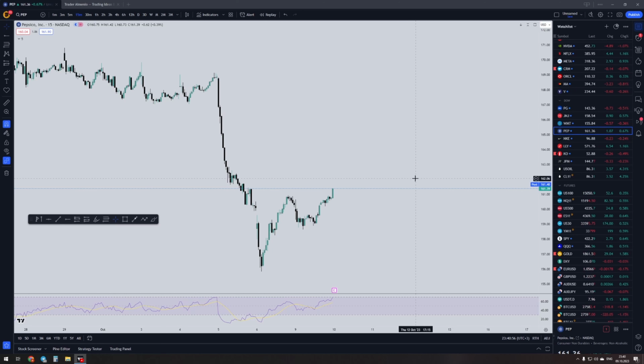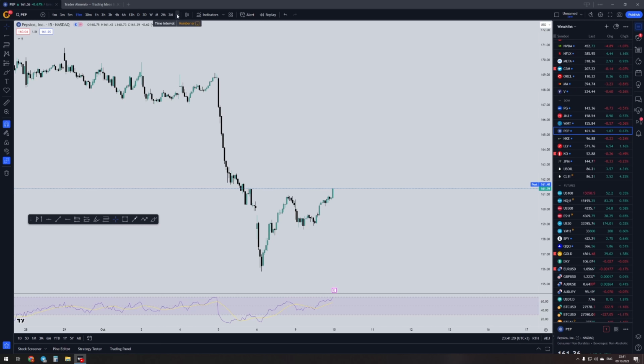This is about instruments, right? Then it's about TradingView Pro. Now let's talk about some important stuff. As you can see, I have plenty of time frames. How to do so?